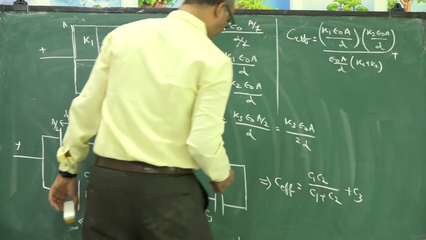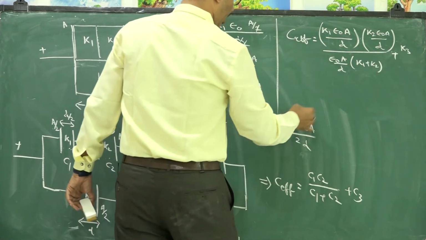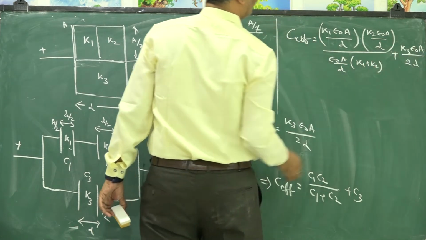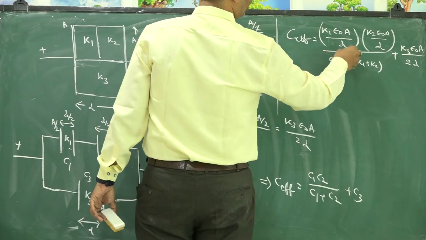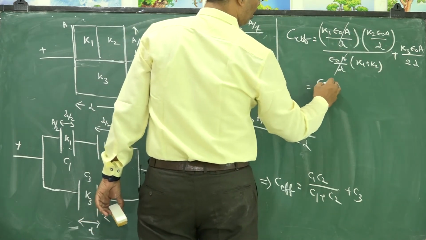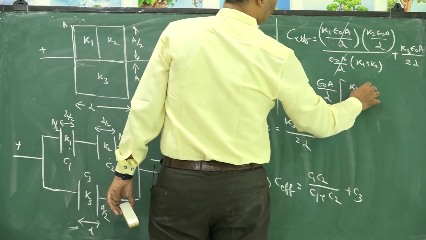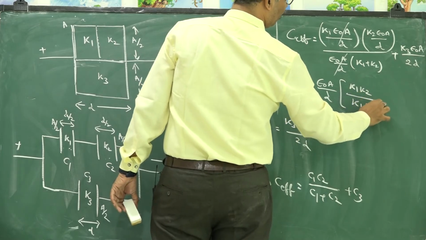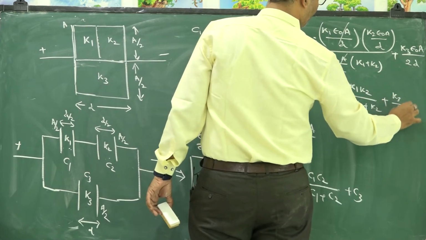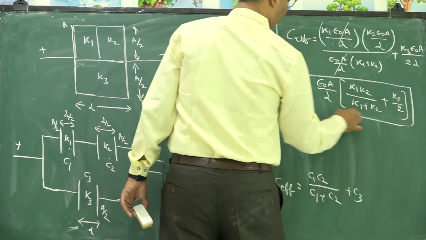Plus C3, and C3 means K3 epsilon naught A by 2D. Here epsilon naught A by D cancels in the first term, and you have epsilon naught A by D as common from both. You are left with K1 K2 by K1 plus K2, plus, taking epsilon naught A by D common, K3 by 2. This is the effective capacitance of the given capacitor.